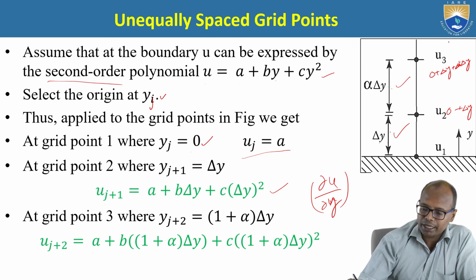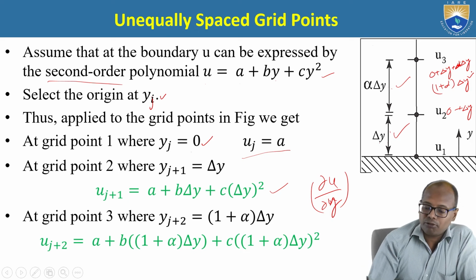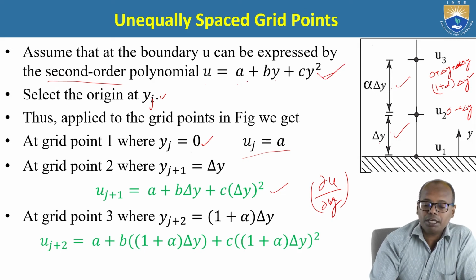Now at point 3, the value of y is 1 plus alpha into delta y, taking delta y common. Substituting y equal to 1 plus alpha into delta y, I get a plus b into 1 plus alpha into delta y plus c into 1 plus alpha whole square into delta y whole square.